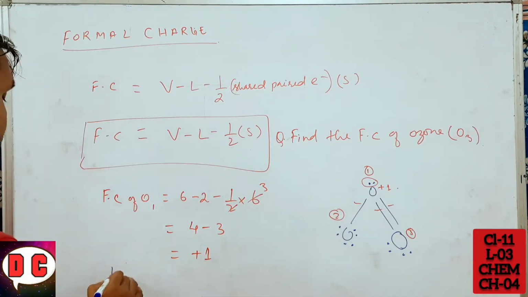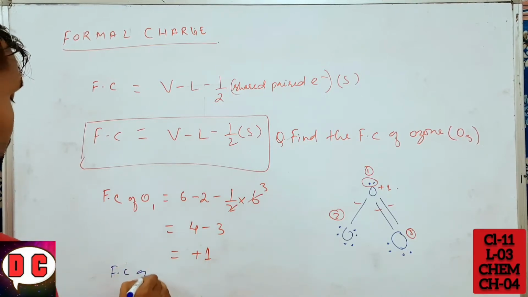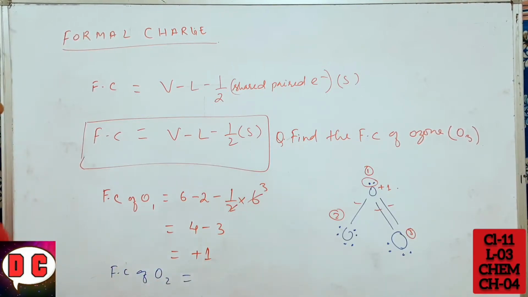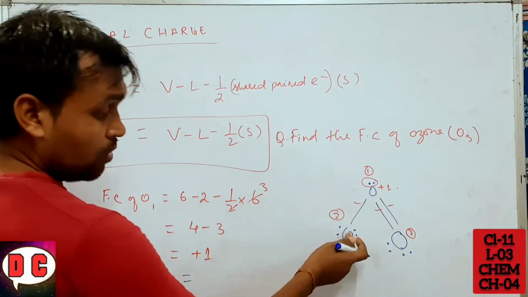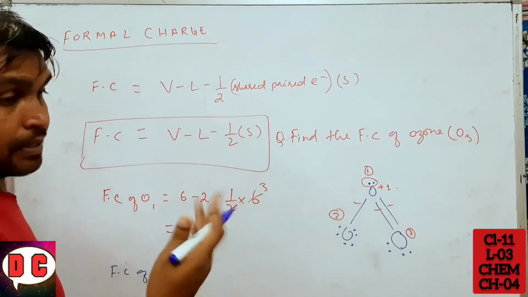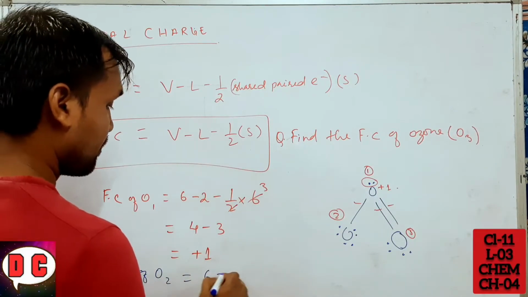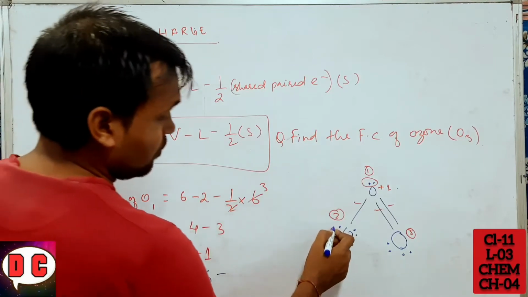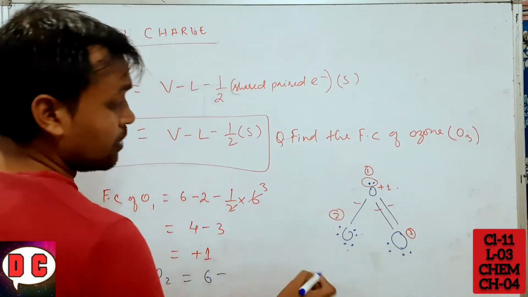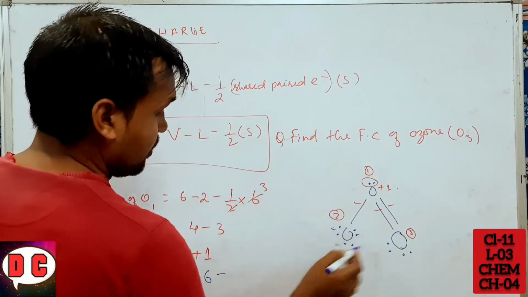So we write the formal charge of O2. This is also oxygen, so the valence electrons are the same, 6, minus the number of lone pair electrons here. 2, 4, 6, unused electrons.